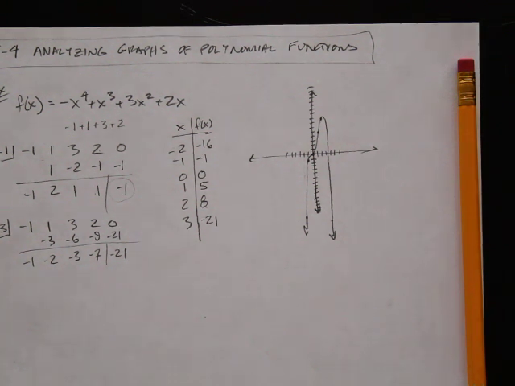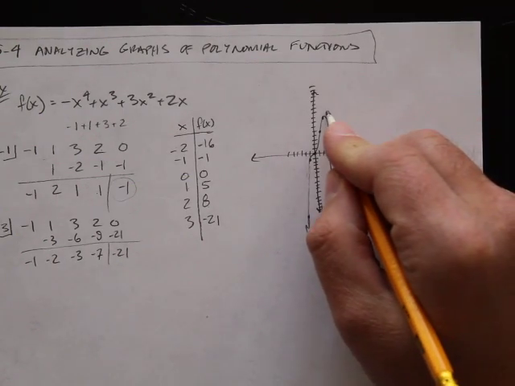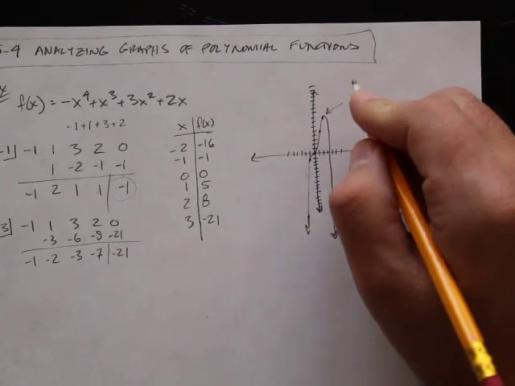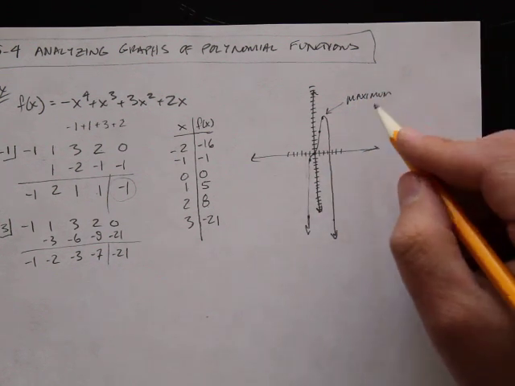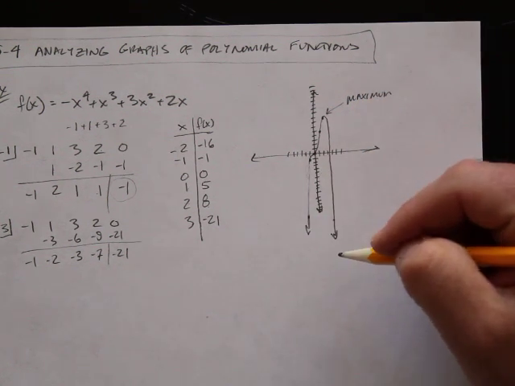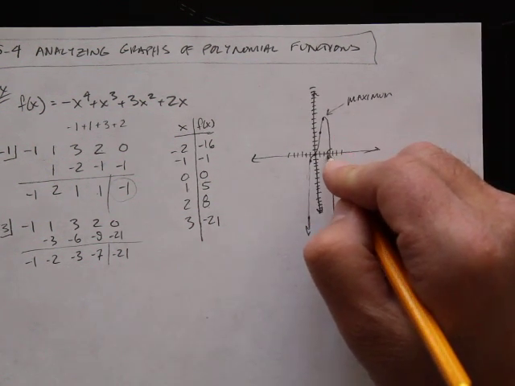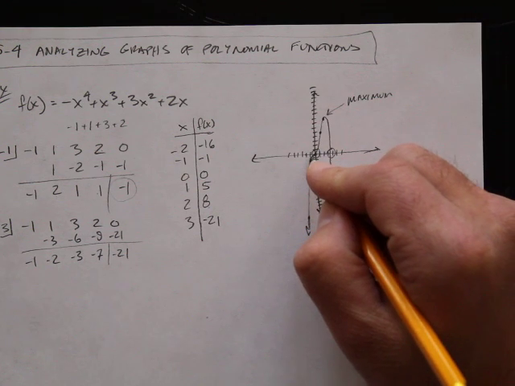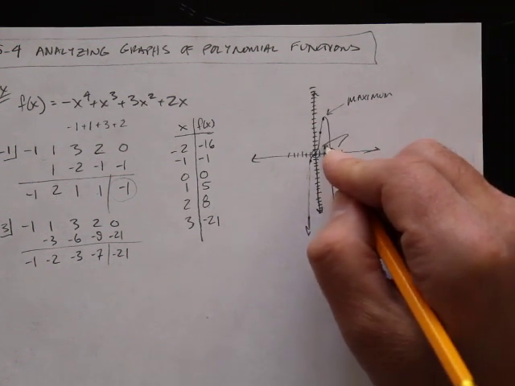You might remember from Algebra 1 that this part here is the maximum. And there is no minimum because these arrows just go on forever down. Also this point here and this point here where the graph crosses the x-axis, those are called zeros.